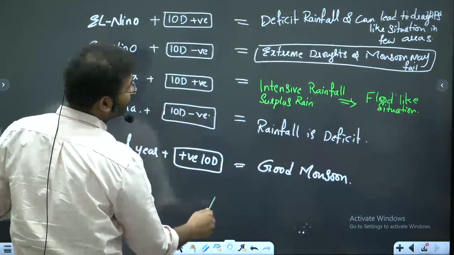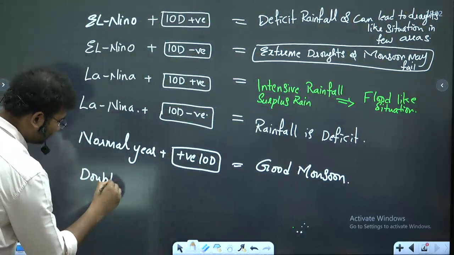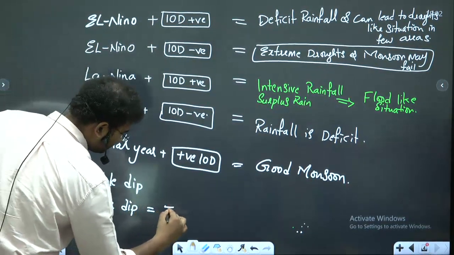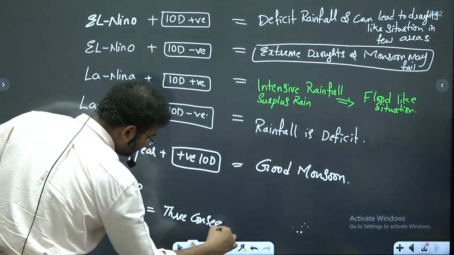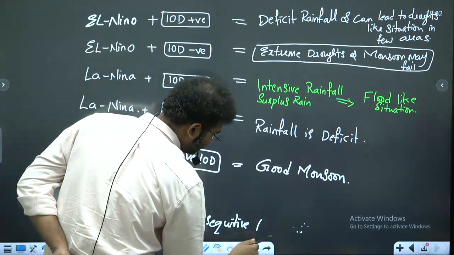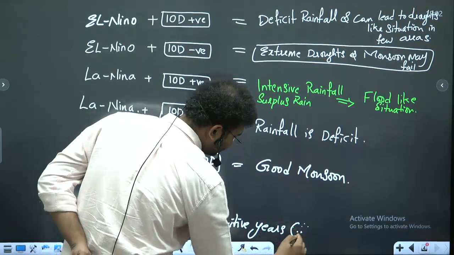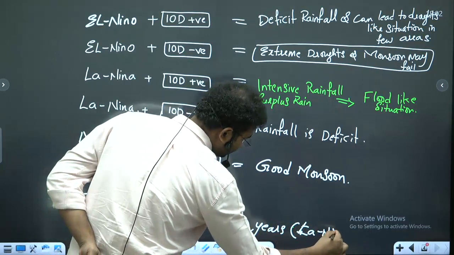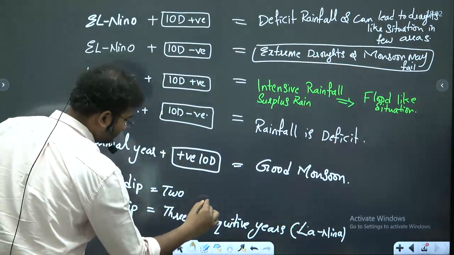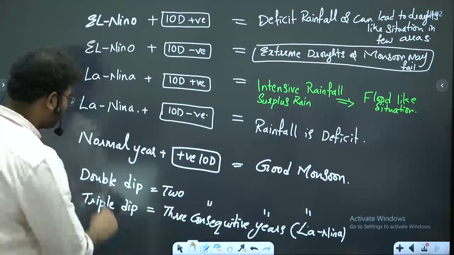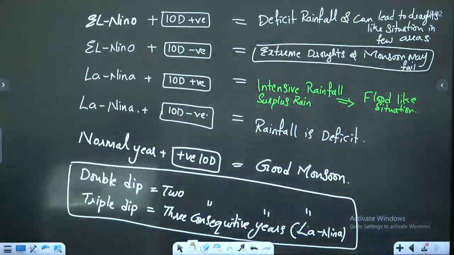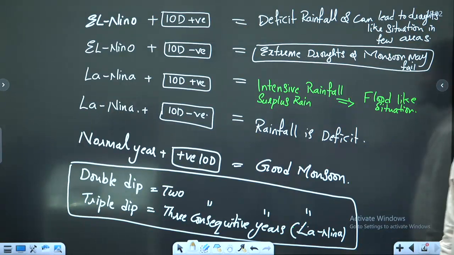So this is called as double dip and triple dip La Nina. 2 consecutive times, that is double dip, and 3 consecutive times, it is triple dip.